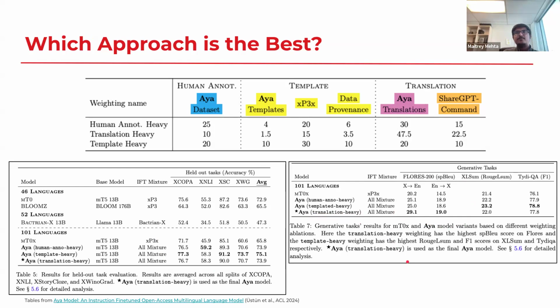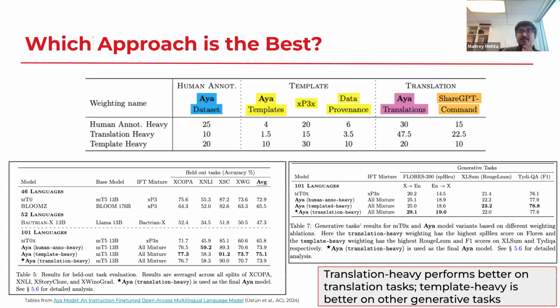They might have gone for this to be a better indicator of the quality of the model. So basically that is the comparison between the three different mixtures. For generative tasks, the translation heavy mixture is more preferred, but for other tasks, even for summarization and QA, the template heavy mixture is much better, right?